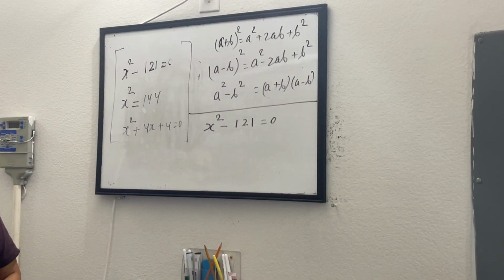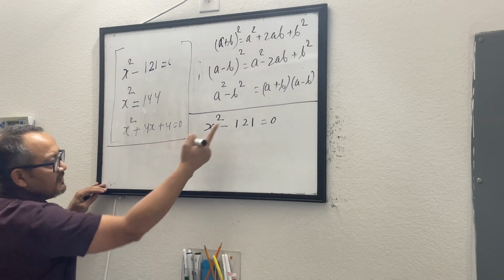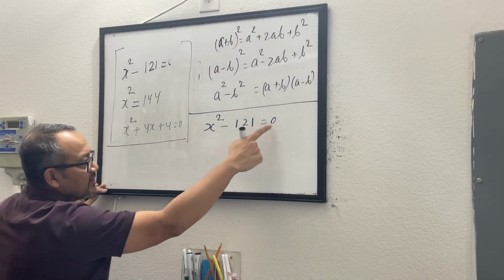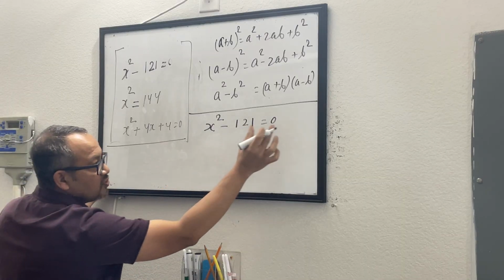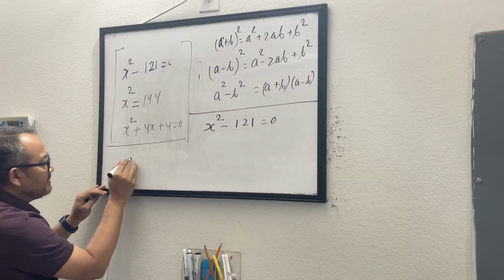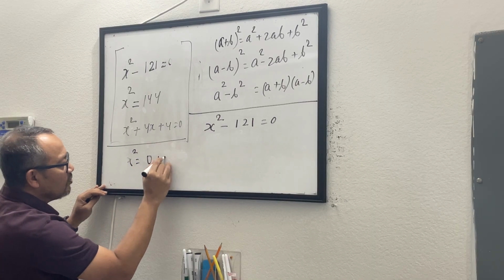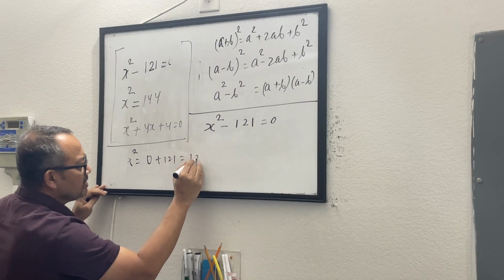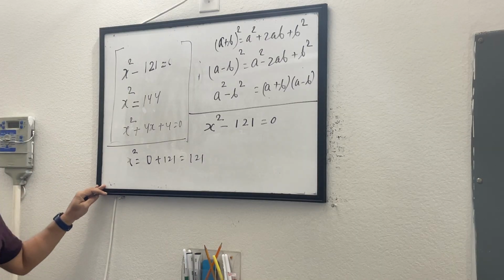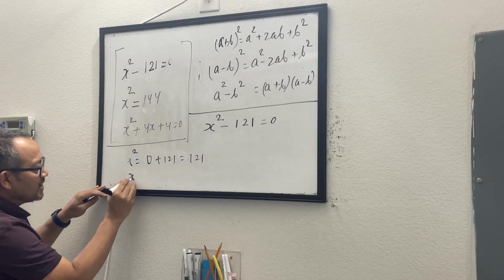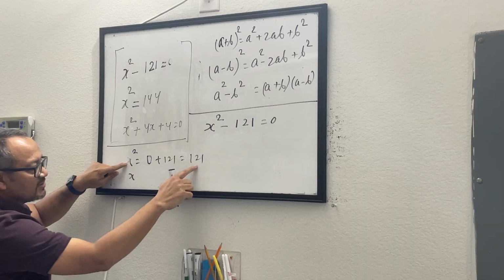So, how can I solve this? I have one way of doing it. I will say x square minus 121 equal to 0. I will make this guy move across the equal to sign, and that becomes x square equal to 0 plus 121, or 121. Or we will find out a number, square of which is equal to 121.